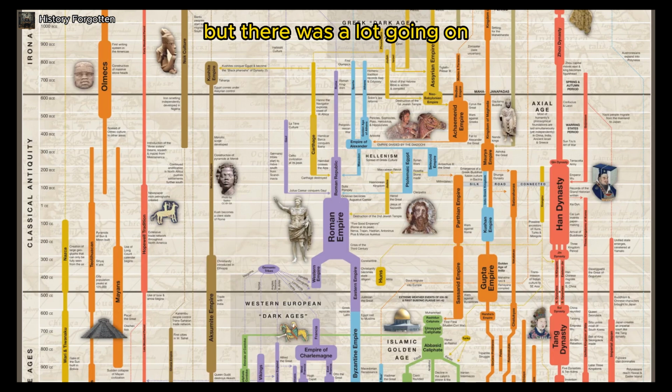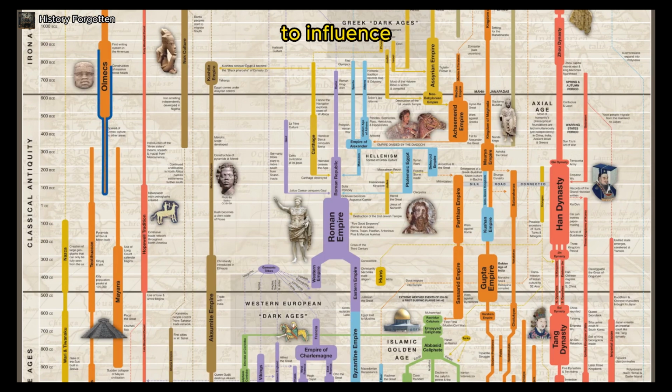But there was a lot going on in other parts of the world as well. For example, in Mesoamerica, Olmec culture went on to influence the classical Mayan culture with its calendar and writing system. And in North America, there was an extensive trade network where lots of different types of art were being exchanged.